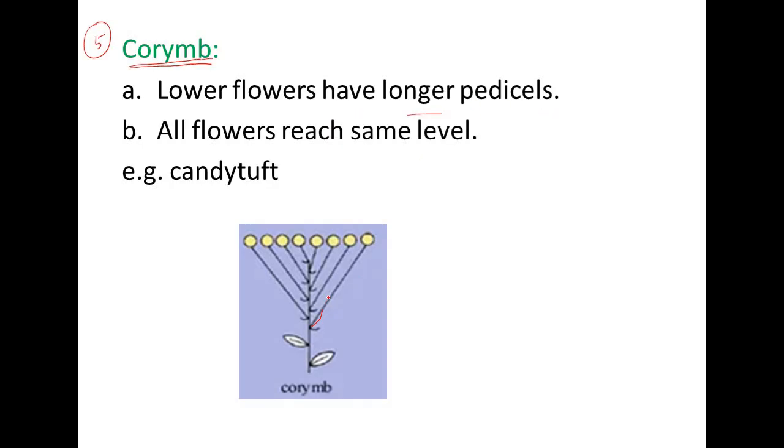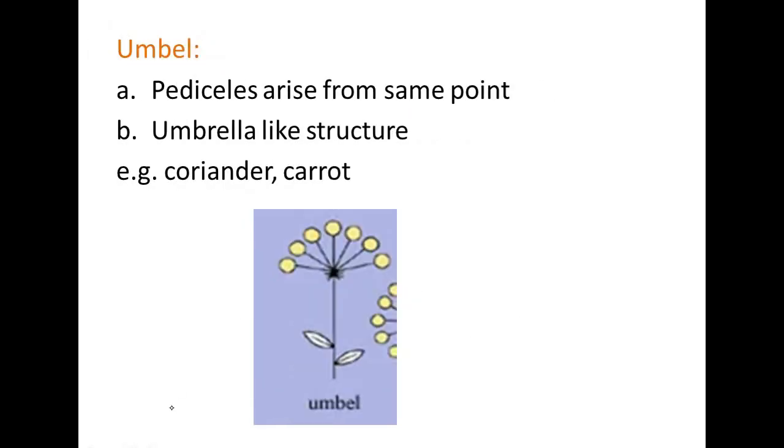You can see this stalk is longer, but when we move to the top, the stalk or pedicel becomes shorter. All flowers reach the same level, like this. That's why the older flower's stalk is longer. Candytuft is a corymb kind of racemose inflorescence.